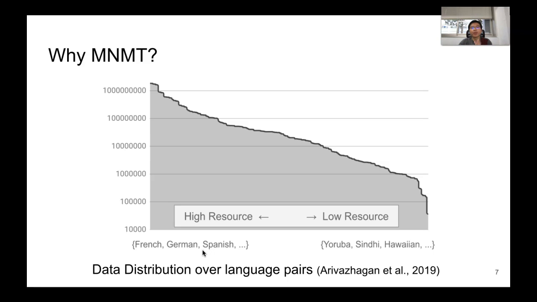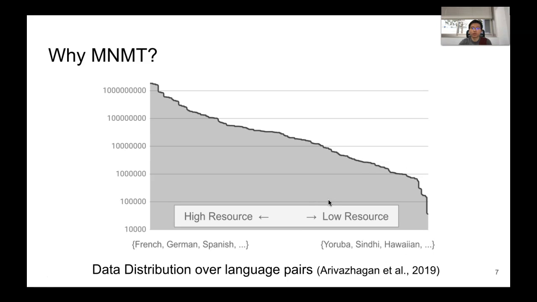So for these language pairs, they have really a lot of parallel sentences. Here it is actually 10 million, right? So with 10 million parallel sentences, even a bilingual NMT system can perform pretty well. But how about other languages? So we can see that here again, we have many low-resource languages.